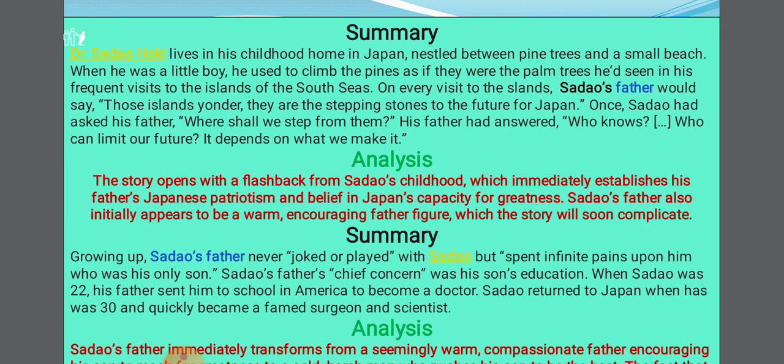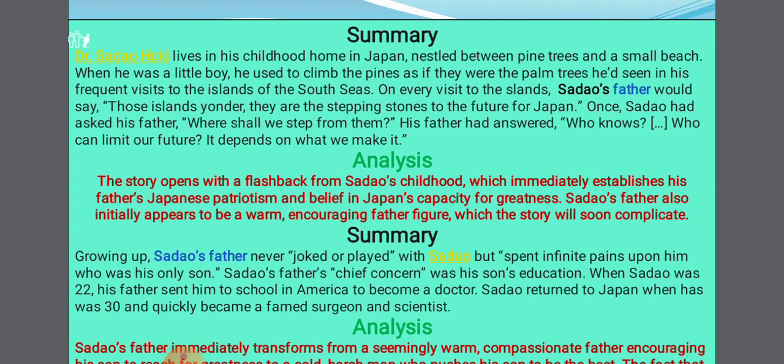Now, summary of the first part: life in childhood. Dr. Sadao Hoki lives in his childhood home in Japan, nestled between pine trees and a small beach, as he did when he was a little boy. Sadao's father would say, those islands yonder, they are the stepping stones to the future for Japan. Now, analysis of this part.